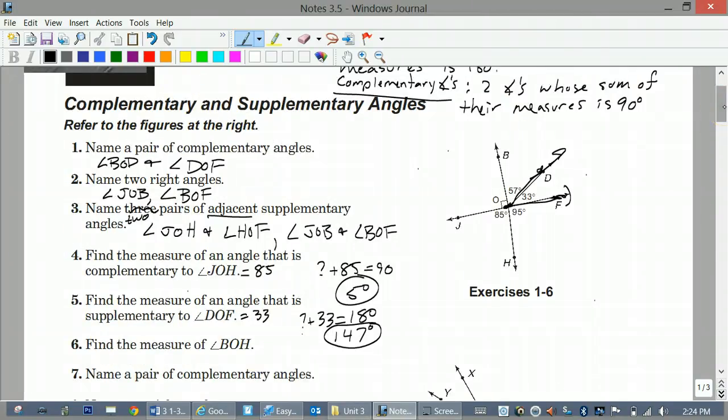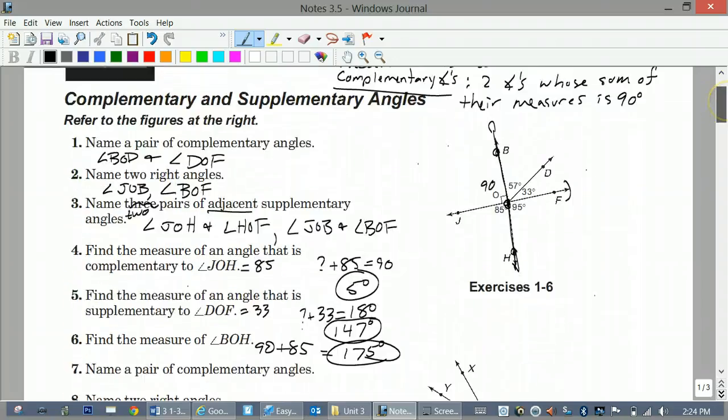Find the measure of BOH. That would be from here to there. So that's 90 plus 85, which is 175.